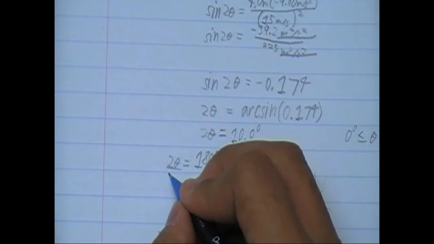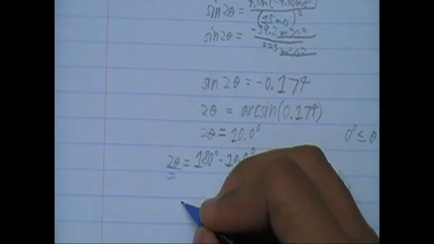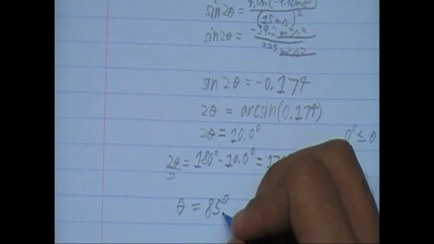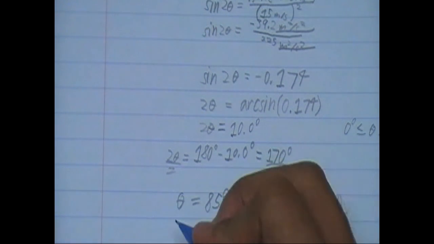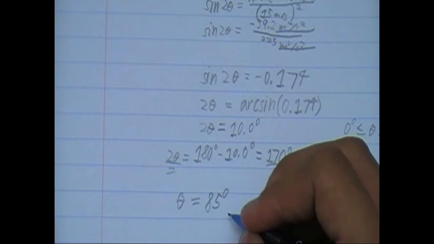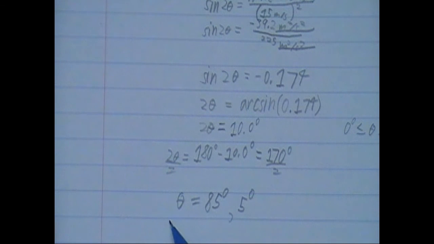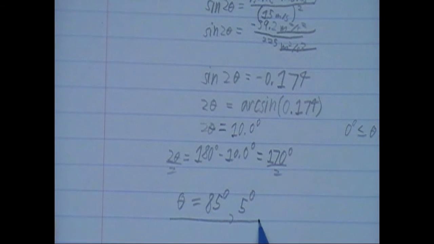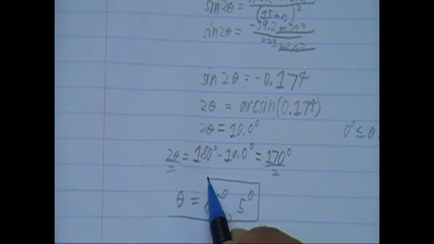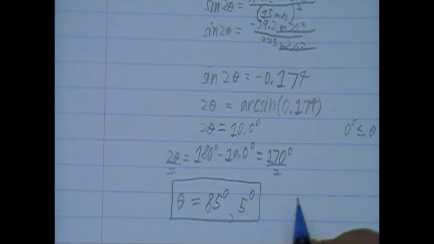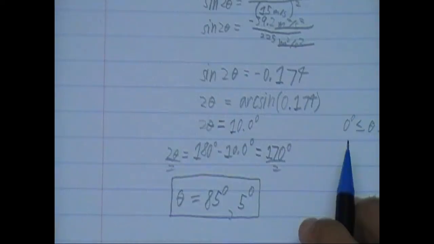Divide that by 2, so theta equals 85 degrees. And to find the second angle, we just take 90 minus 85, which is 5 degrees. These are the two angles at which you can hit a fire that's 4 meters away with a garden hose that has a velocity of 15 meters per second.